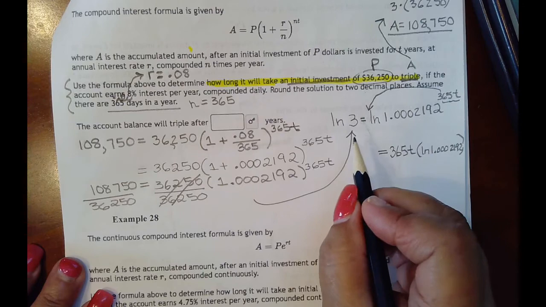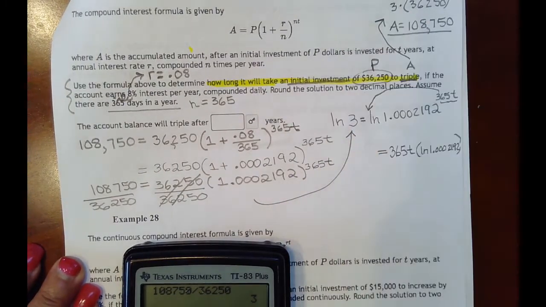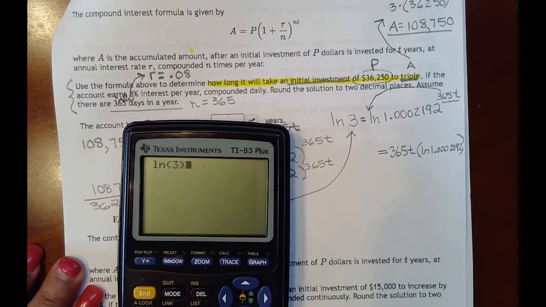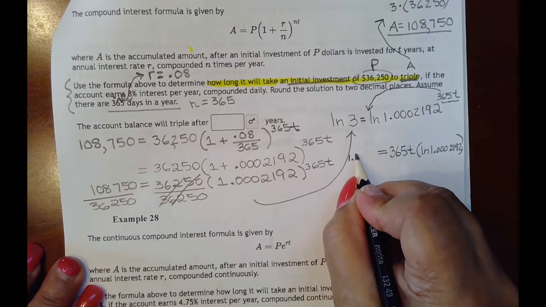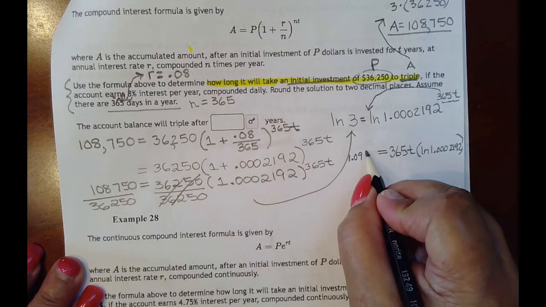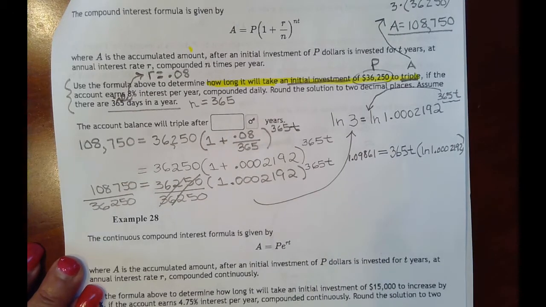And then over here we have ln of 3, and that ln of 3 is 1.09861. Just trying to hold on to a significant number of digits so that we can get an accurate estimation of what's going on here.